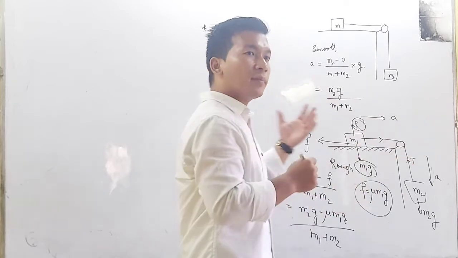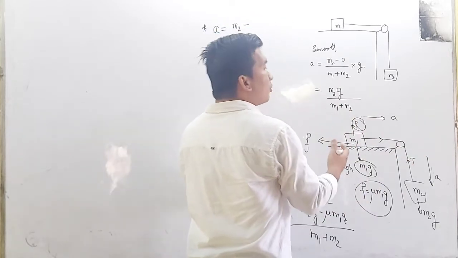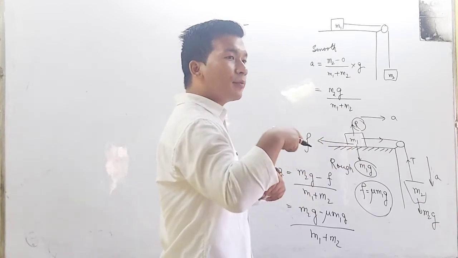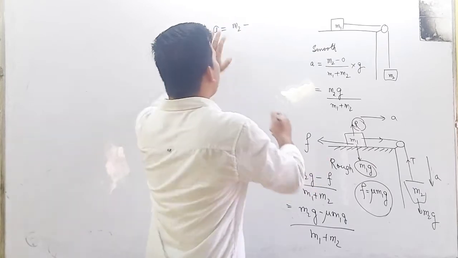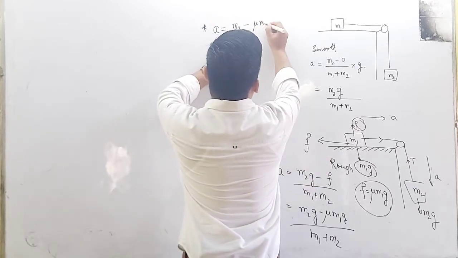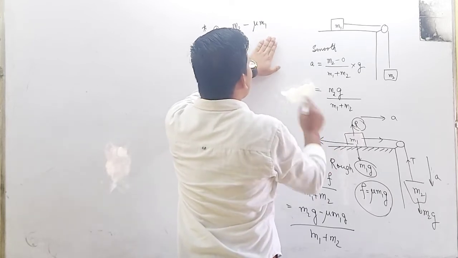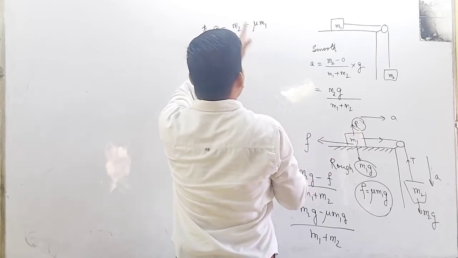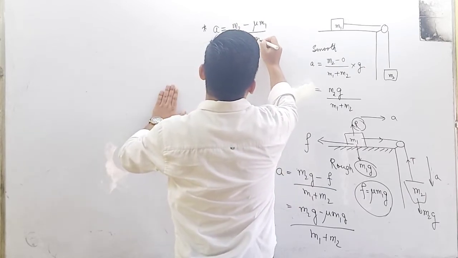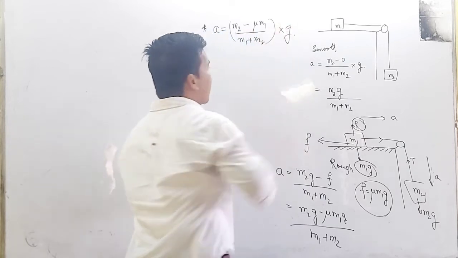But here, very simple, your friction will be defined by the coefficient of friction. So the mass must be multiplied with the coefficient of friction minus the opposing mass, that is mu m1. The mass that is kept on the rough surface must be multiplied with the coefficient of friction, divided by total mass m1 plus m2, into g. This is finished.